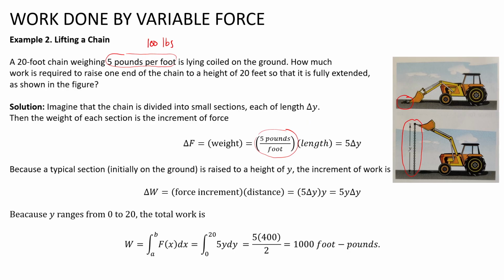And if you put in the concept of lifting, as you go higher, it will generate a lot of effort and a lot of force going towards a higher distance. So that's why it's just the length, dy, or delta y. So the formula for the force is 5 delta y.